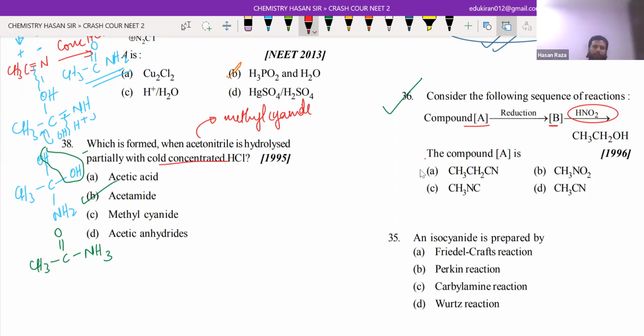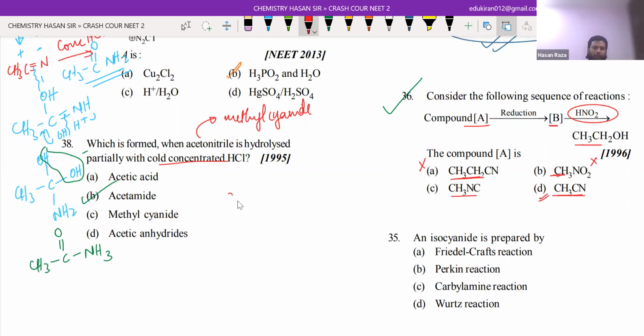This option cannot be correct because here you have two carbon and here it is three carbon. Here there is only one carbon, this will also not be there. There are two carbon, CH3NC and CH3CN. So I'm going to take this.